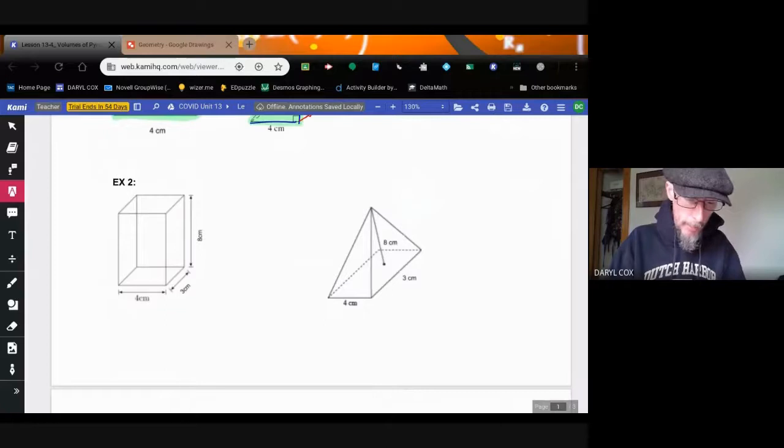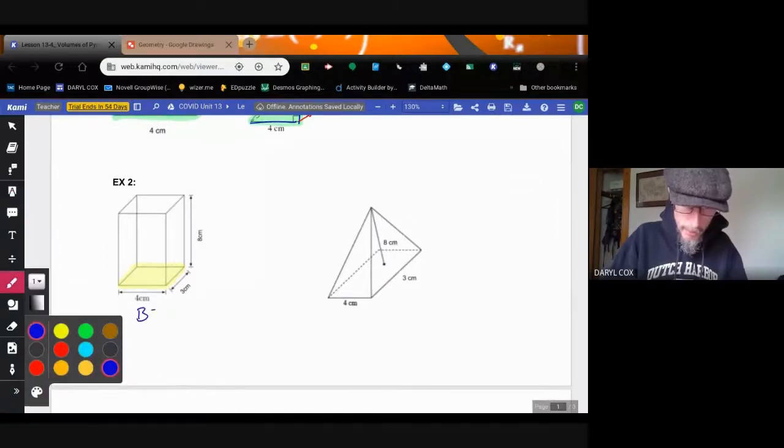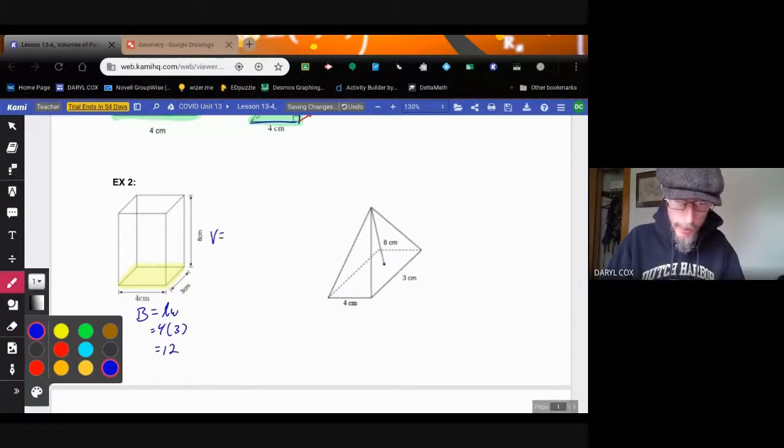The base of my prism is right here, so this base is length times width. So that's 4 times 3, a base of 12. So the volume of this, again, is area of base times the height. So that's 12 times height of 8. Oh, look, same thing. Okay, same basic shape.